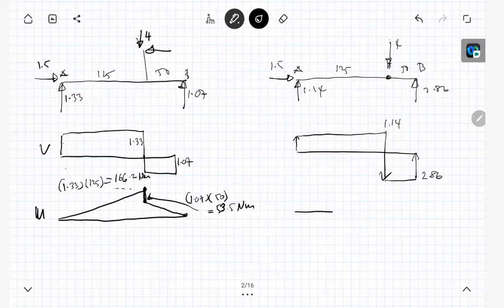So for the moment diagram, 1.14 times 125, or 2.86 times 50, the same value. So this is 142.5 Newton meter.